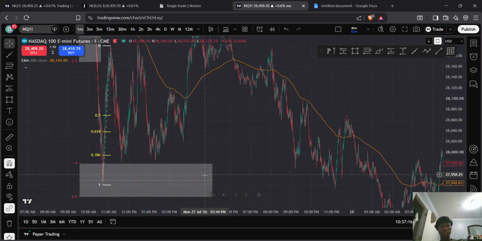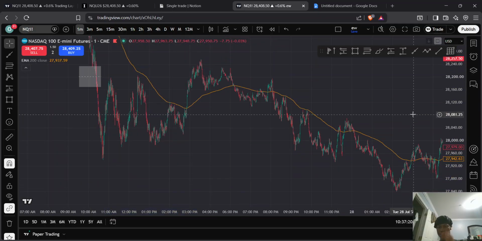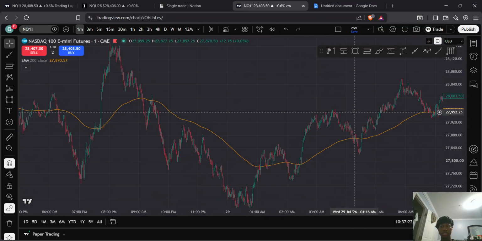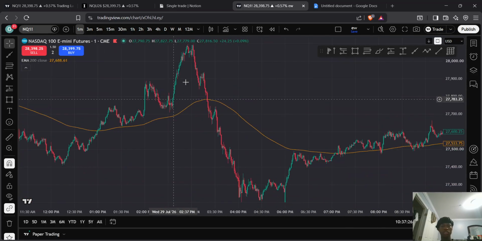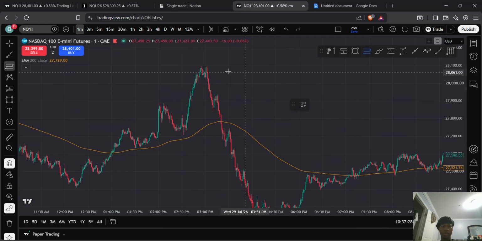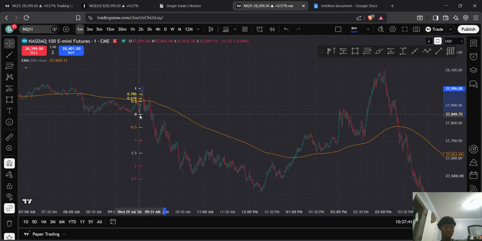You just basically have to get comfortable with drawing the fib on manipulation legs. It took me a while to learn how to draw it, but I was on the chart every day trying to figure it out. What I recommend is you go on a chart and draw like that, with the magnet on.